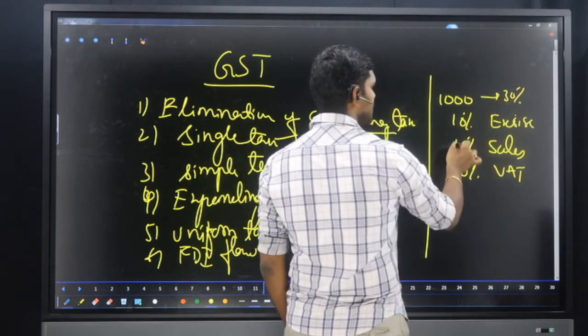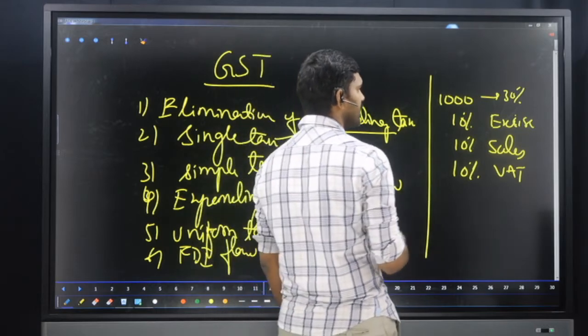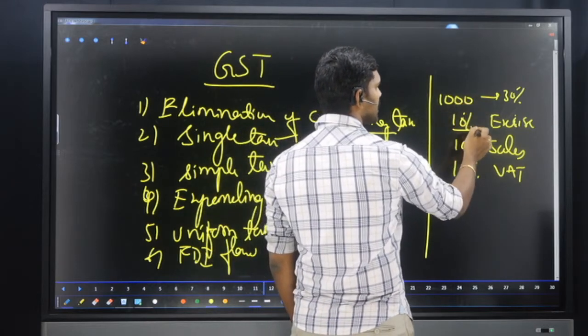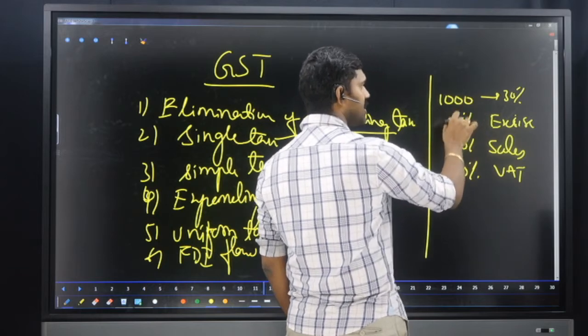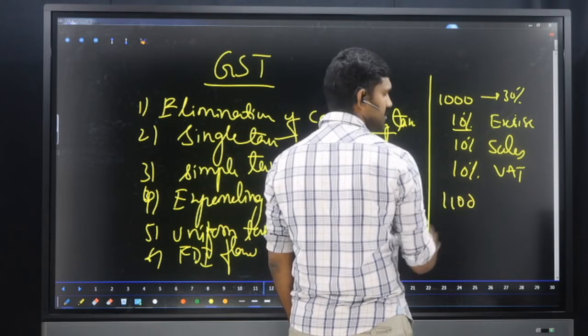10%, 10%, 10%. Now, in the earlier methodology, first on 1000 rupees, 10% is a tax of 100 rupees. So 1000 plus 100 becomes 1100 rupees.